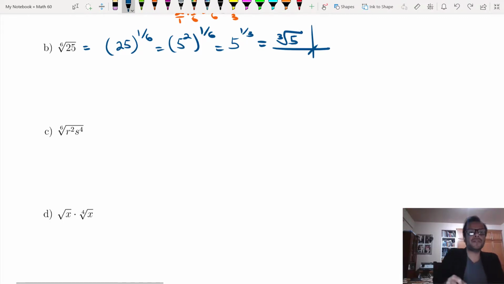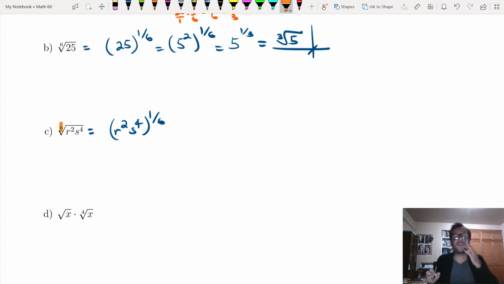The next example, so we have r squared s to the 4th power, the whole thing, okay, the whole thing to the 1/6, right? And that's because this is the index of the radical, right?